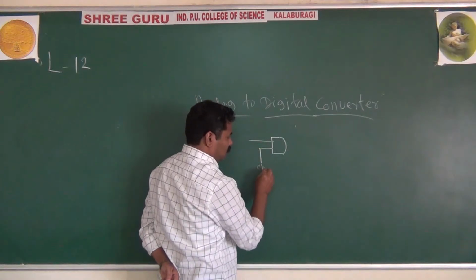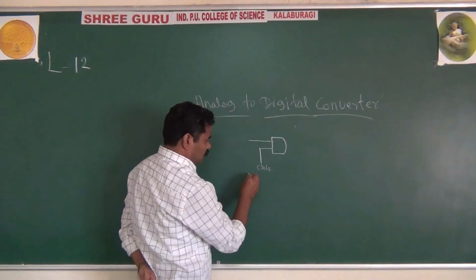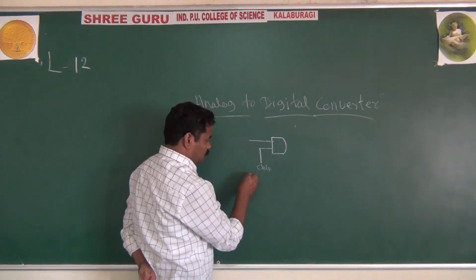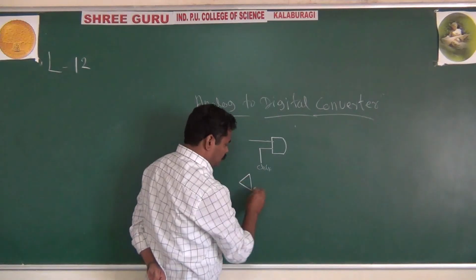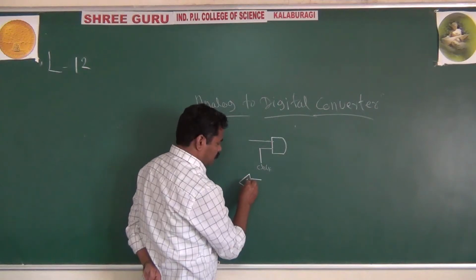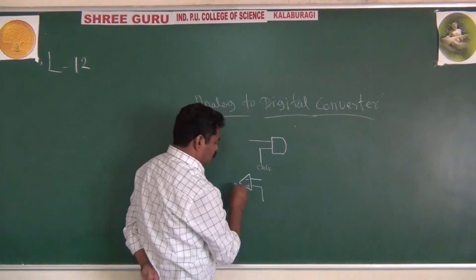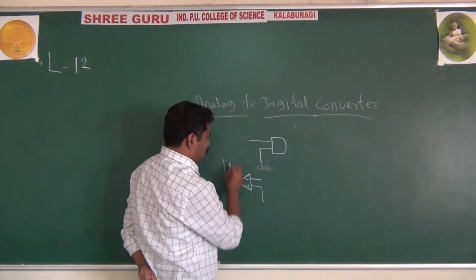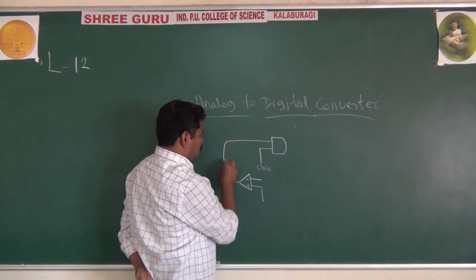You are using a clock, and here you are using an op amp, that is, a comparator, and the output of the comparator is given to the input of your AND gate.